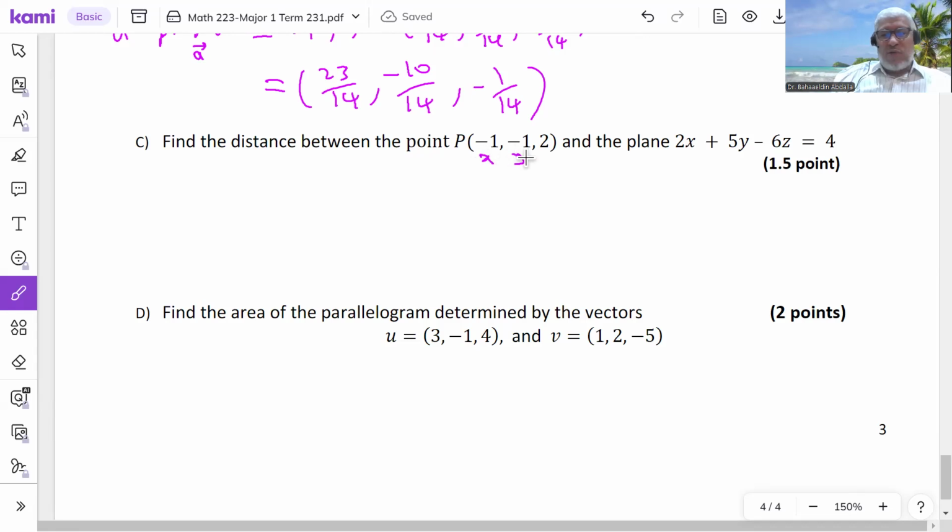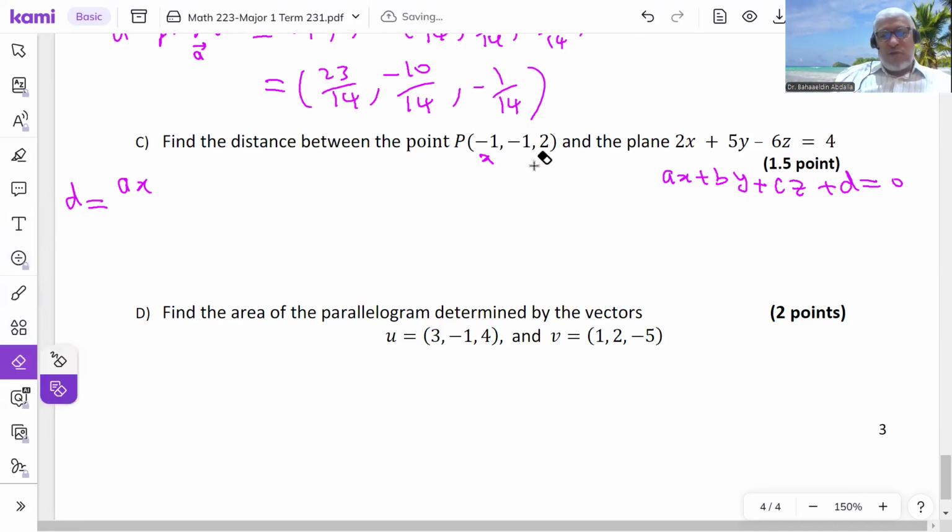If this point has coordinates x, y, z, and the plane is written in the form ax plus by plus cz plus d equals 0, then the distance is evaluated by, we multiply ax, so it's similar to the inner product, ax plus by, instead of calling this xyz because I have xyz there, so let me just call it x1, x2, x3, okay?